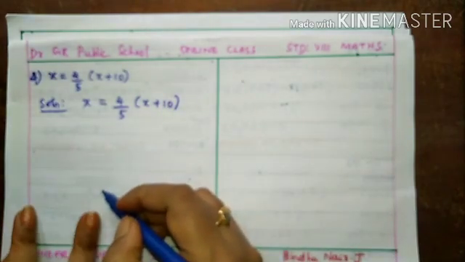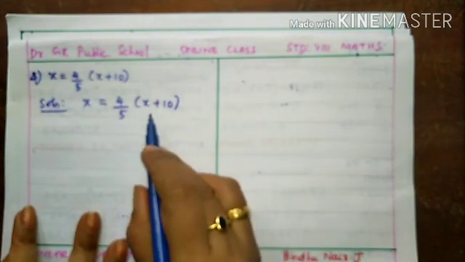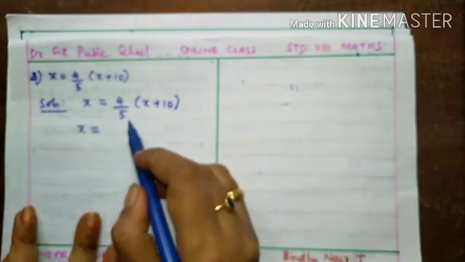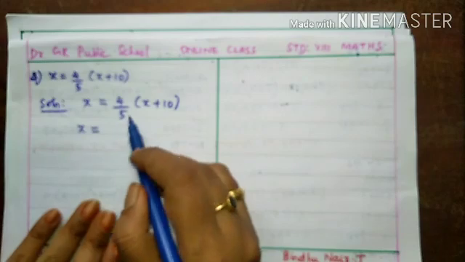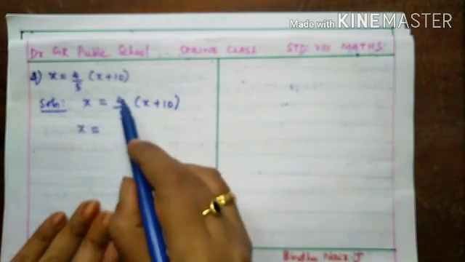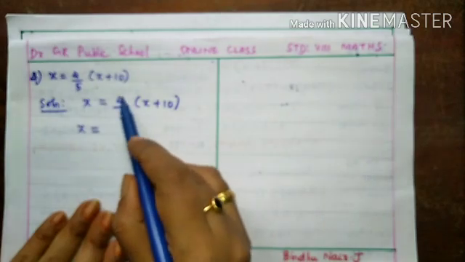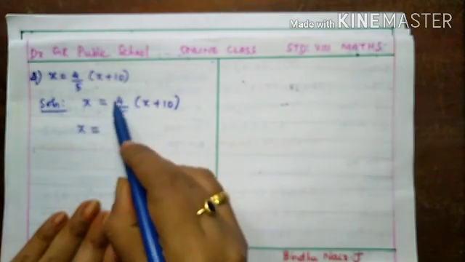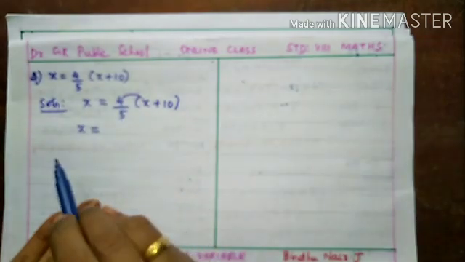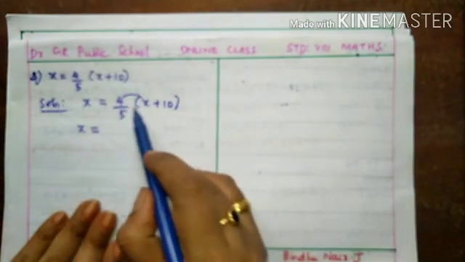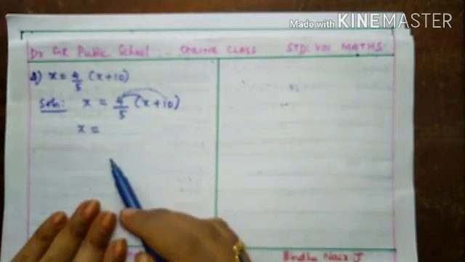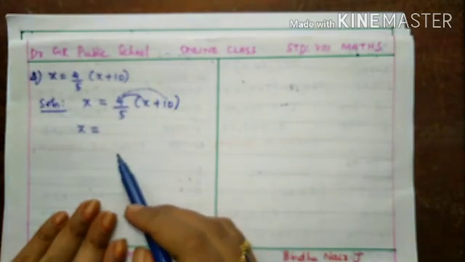So what I told, you want to open the bracket. So next step, x is equal to, when we are opening the bracket, you want to multiply the outside term 1 by 1. That is, first you want to multiply this term 4 by 5 into x. Okay, then we want to multiply 4 by 5 into the second term 10.